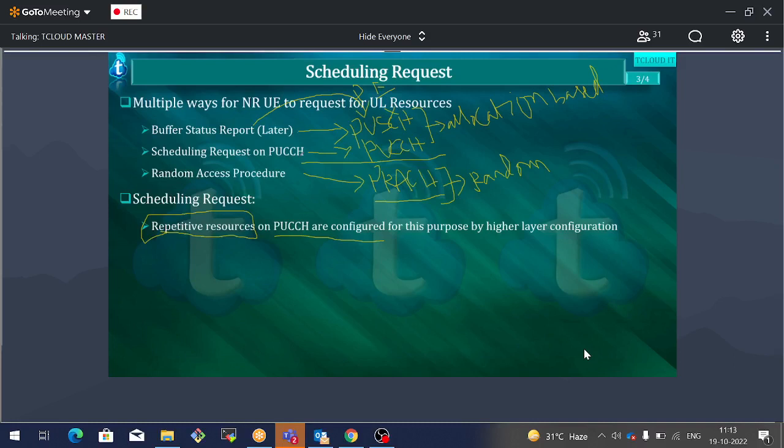At times it may need to send ACK/NACK for the data received in downlink. At times it may need to send CSI reports for the downlink MIMO operation that is going on. Uplink may not be happening, but you have to send CSI reports which are requested by the network.